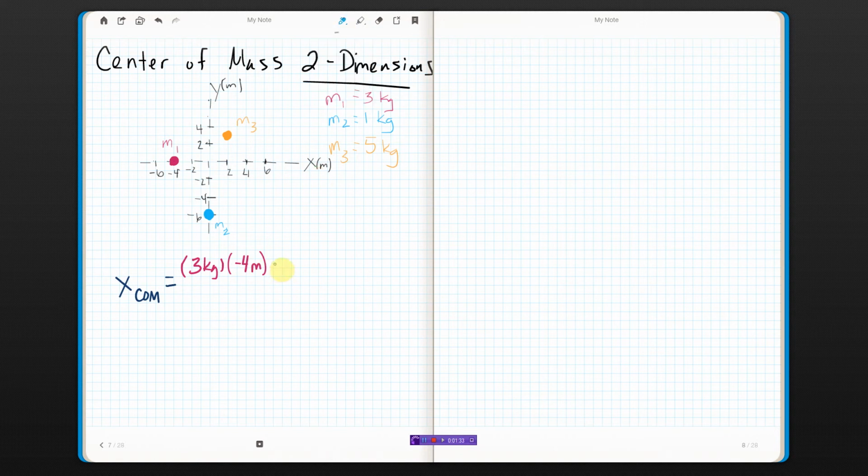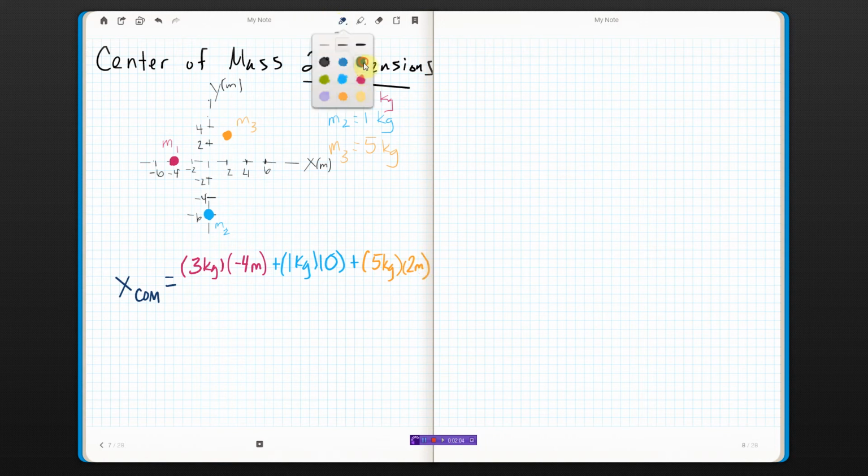Plus, do the same thing for m2. So the mass of m2 is 1 kilogram times the x position of m2. Notice the x position of m2 is actually 0. Plus the mass of m3 times the x position of m3, that's 2.